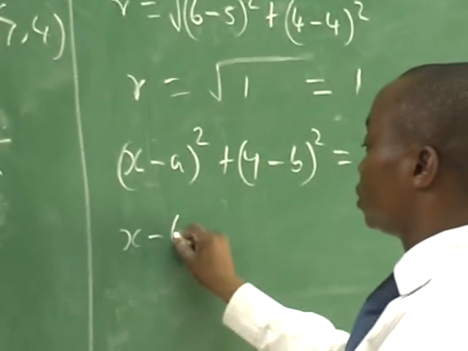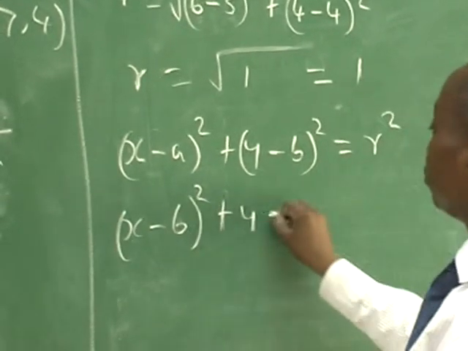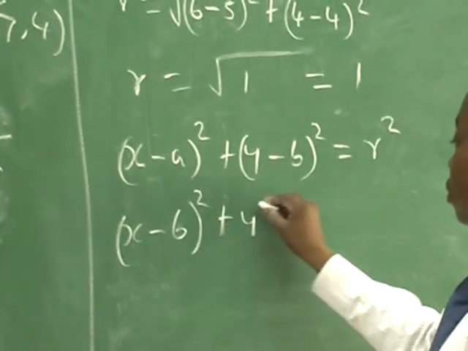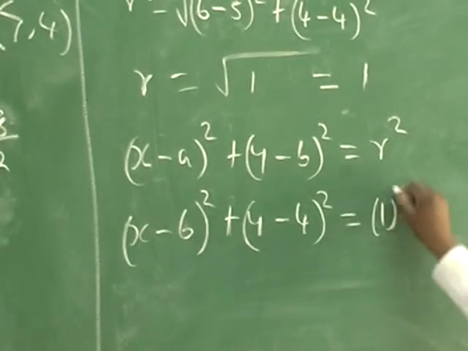So we say (x minus 6) squared plus (y minus 4) squared equals r squared, and r is 1 squared.